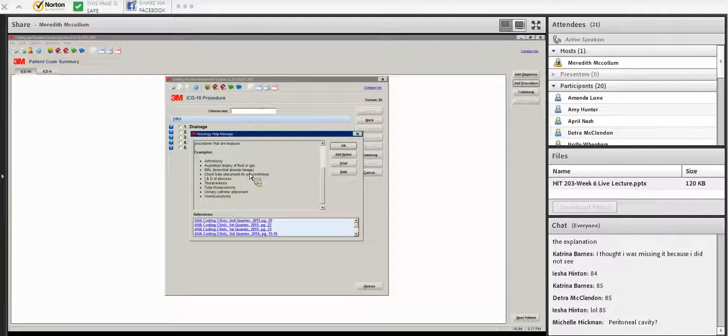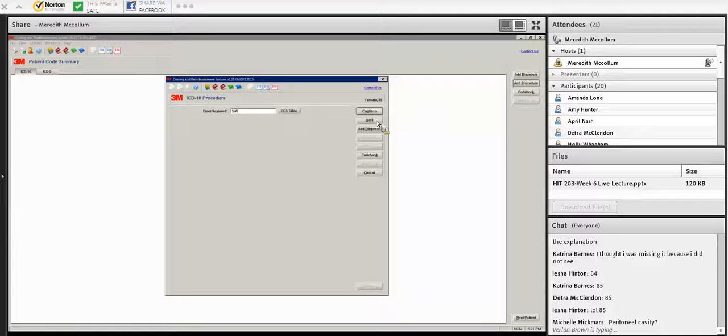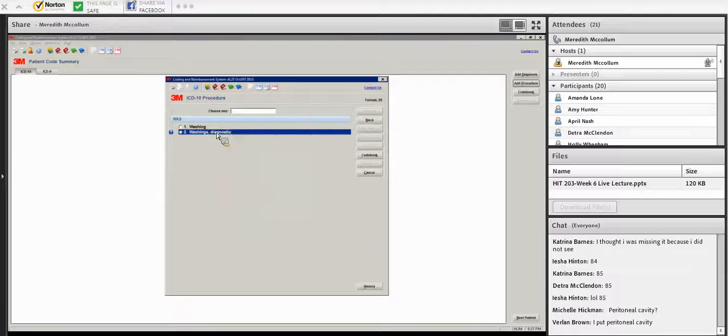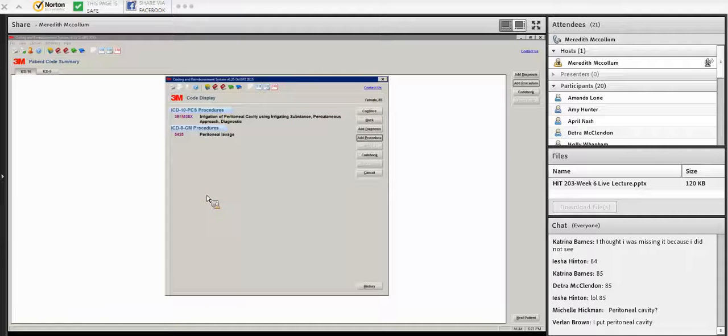Bronchial alveolar lavage. Well, okay. See, I disagree with this because if you go under just washings and peritoneal cavity, it goes to irrigation, but the answers have drainage, and I don't agree with that. I don't think they're draining it. I think that they are irrigating it out.